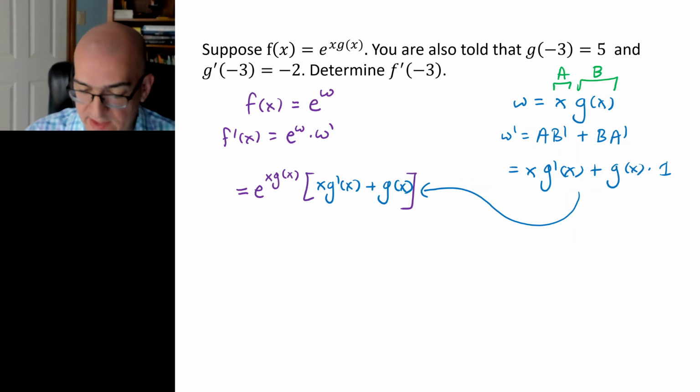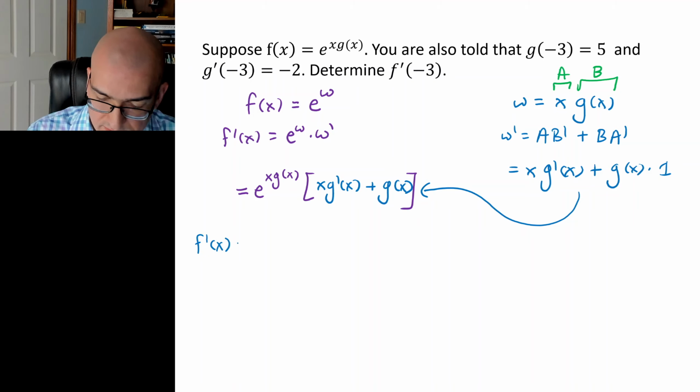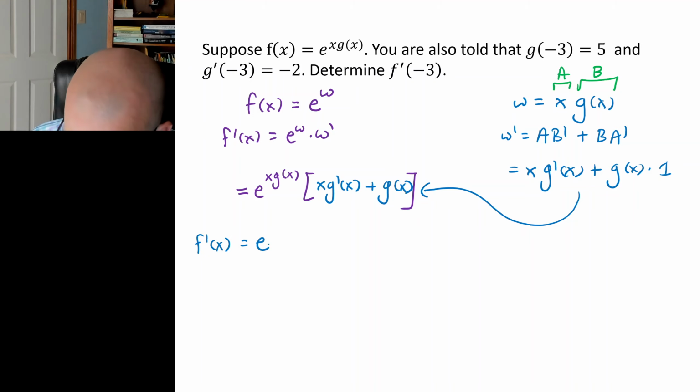And now we can plug in the data. So e to the negative 3 times g at negative 3, times negative 3 g prime of negative 3. You gotta be careful. Plus g at negative 3.